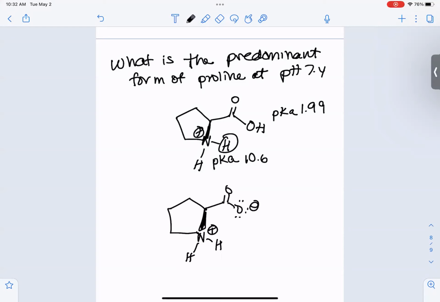All right, so we should know that at pH 7.4, the carboxylic acid will be deprotonated, the nitrogen will be protonated. Does everybody see that?